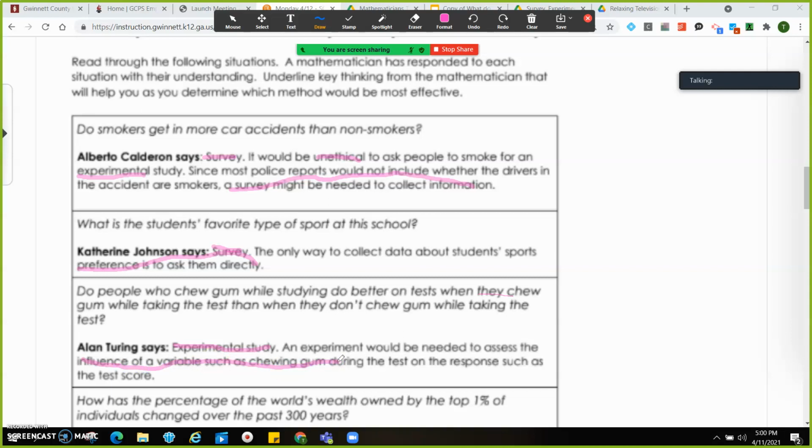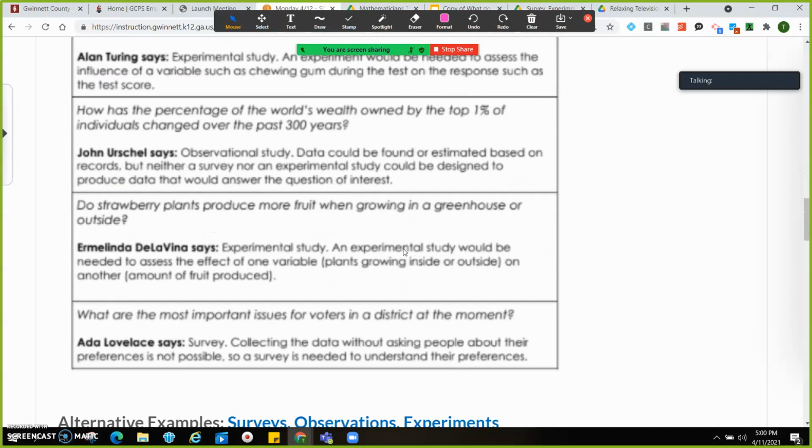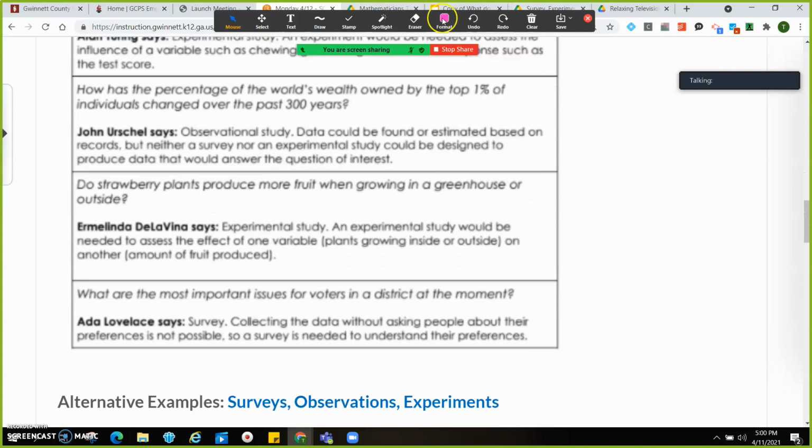Okay? So you will have to know how to pick without obviously a mathematician giving you the answer. But you kind of have to pick which one is the right way to collect data, or the most correct way, because you can do it with different things, but it may not give you the best results.